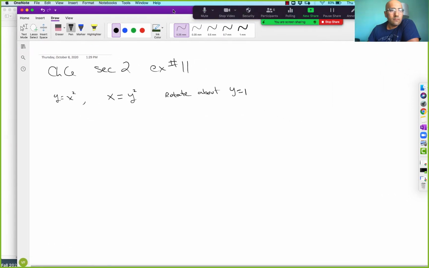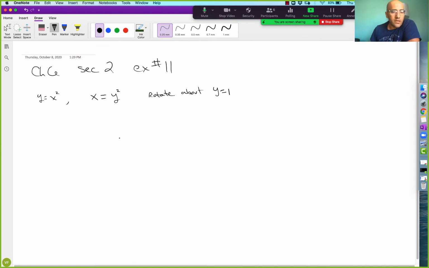Okay, so guided by some of the cool technology, we can do a nice little sketch. So that's the y-axis, that's the x-axis. We know that we had a parabola that went this way, and we had another one that went this way, like that.